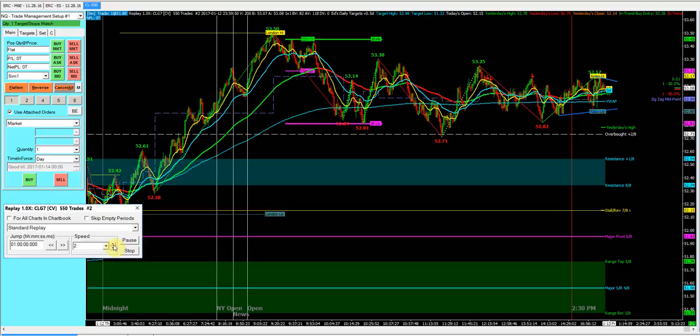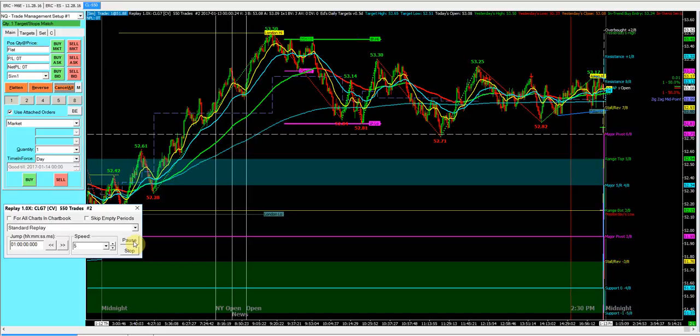I need another bar after midnight. That's when they'll redraw themselves. Okay, there we go. I'll pause it. You'll notice the Murray math lines have redrawn themselves.